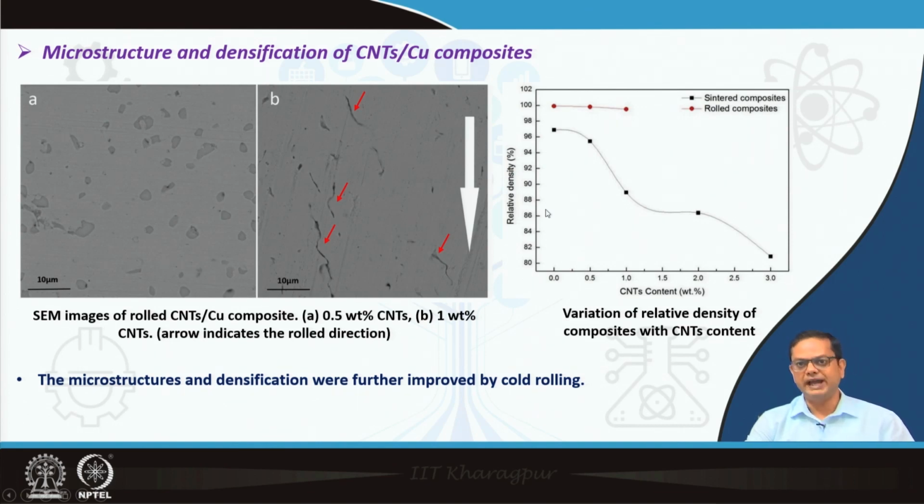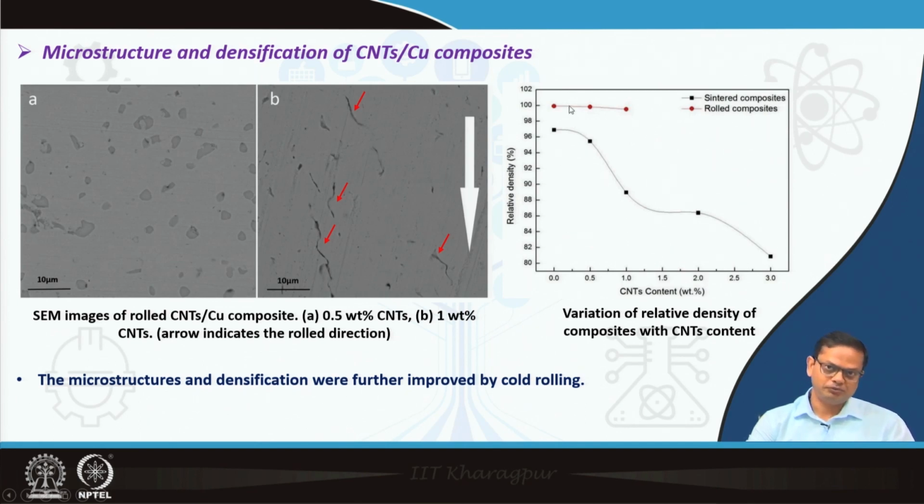Okay. If we look at the densification data, the below line is for the sintered composite. Obviously, as we increase the amount of CNT, the densification is getting hampered. Density is going down because of the agglomeration problem.